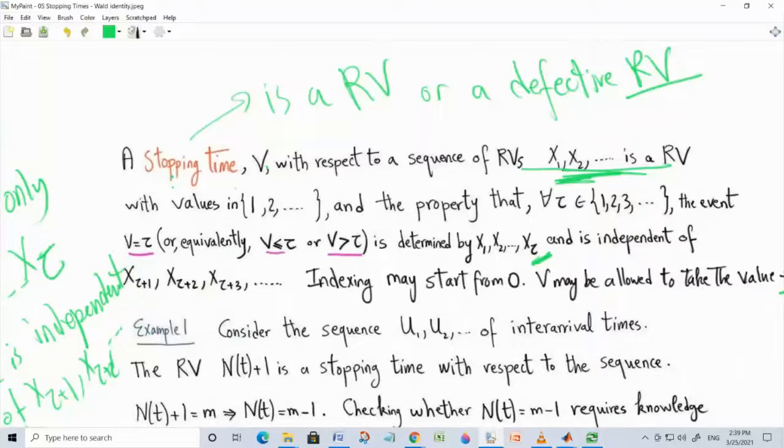But in all cases, whether you study the event V equals tau, or V less than or equal to tau, or V strictly greater than tau, those events must be determined by the elements of the sequence up to tau. You don't go beyond that.